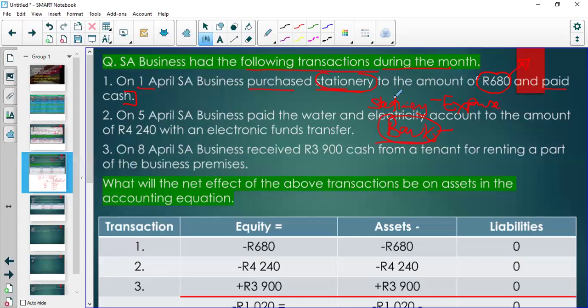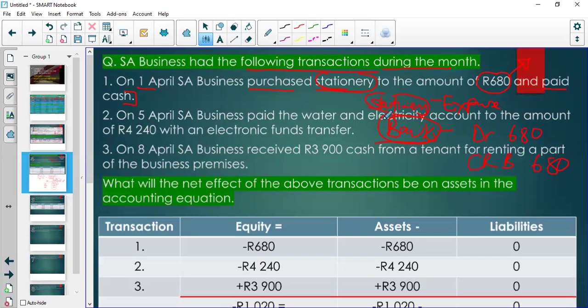The expense has increased, and we need to record it under stationery, so that at the end we will know how much we spent on stationery. So we debit the stationery account with 680, and we credit the bank account with the 680.